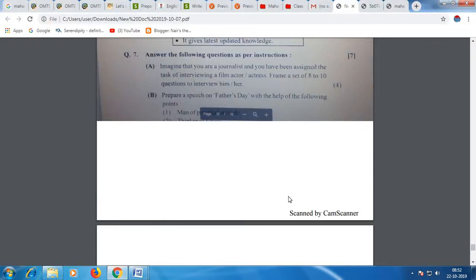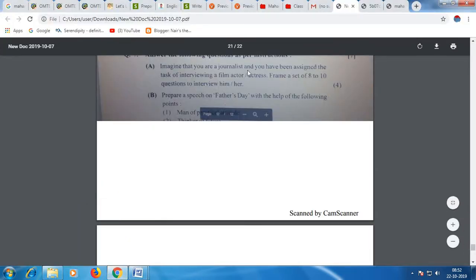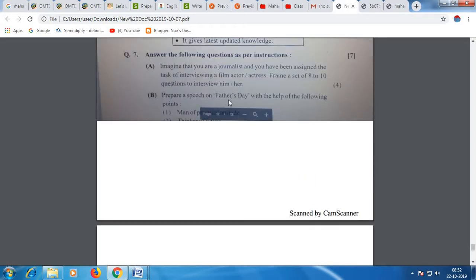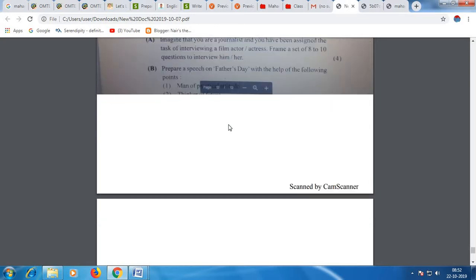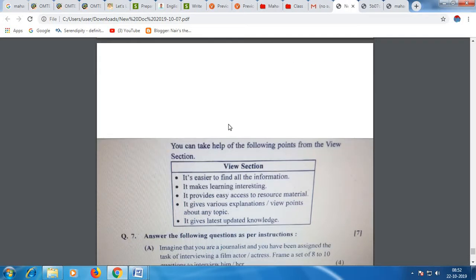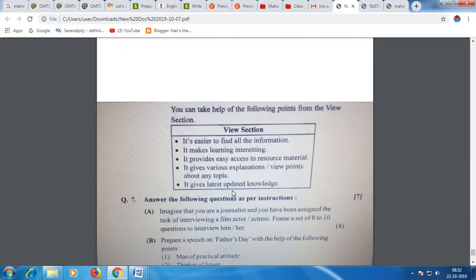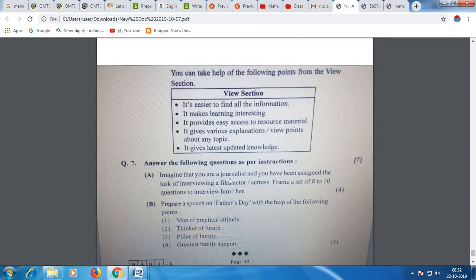Now see the question here. Imagine you are a journalist and you have been assigned the task of interviewing a film actor or actress. Frame a set of 8 to 10 questions to interview him. Then it's about a speech on Father's Day. Man of practical attitude, and moreover we have some views also given.